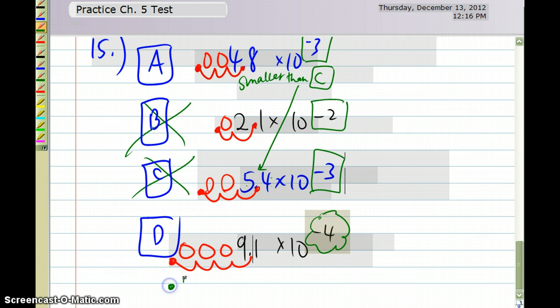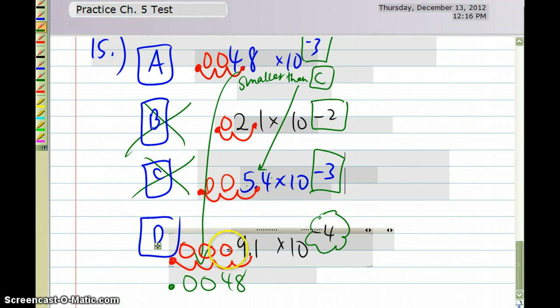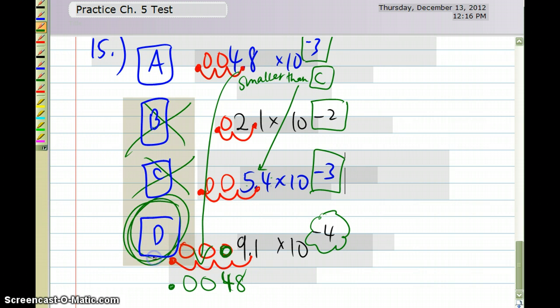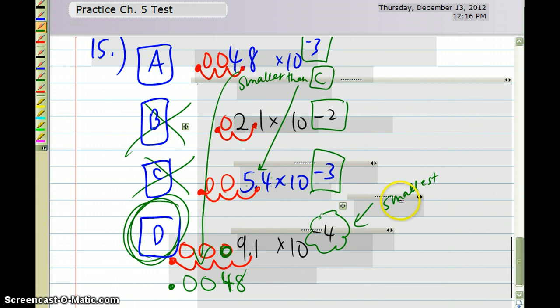And if I compare it with 0.0048, then I know that the 0 is definitely smaller than a 4, meaning D is my answer. So what you'll see is that when the decimals are moving, if I have a smaller number, that number gets smaller. So smallest was the negative 4, smaller than negative 3, negative 2. And that kind of applies also for number 14. I'm looking for the biggest power there.